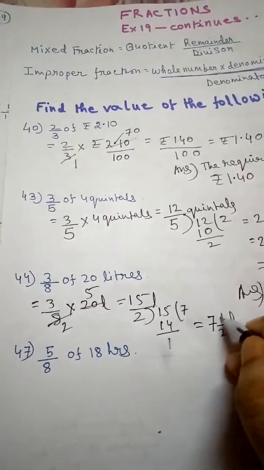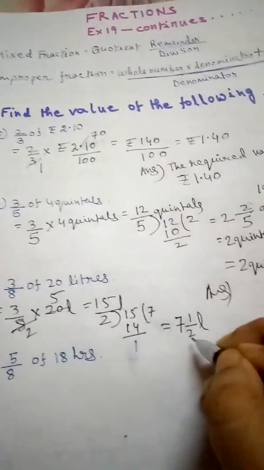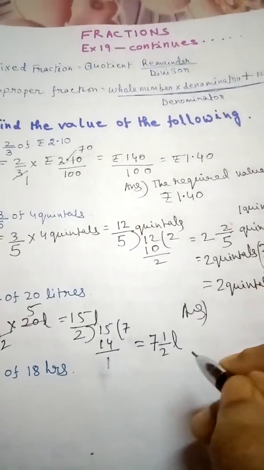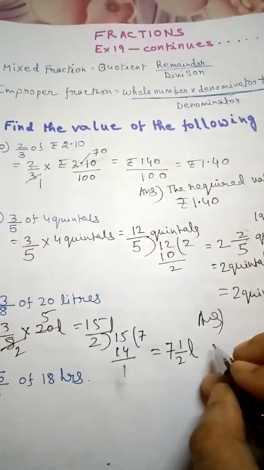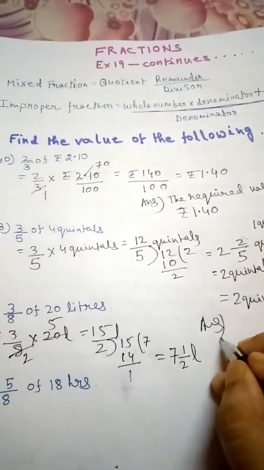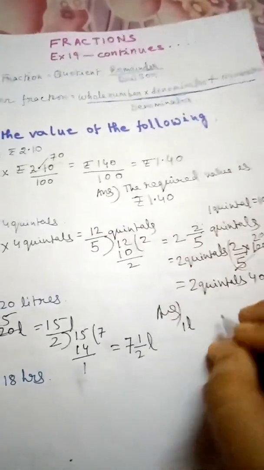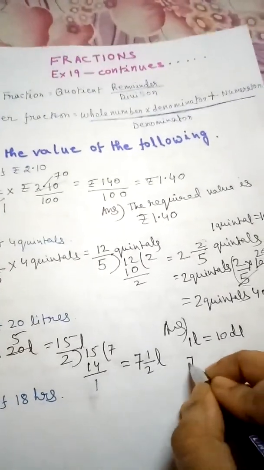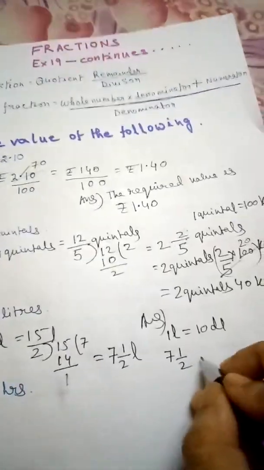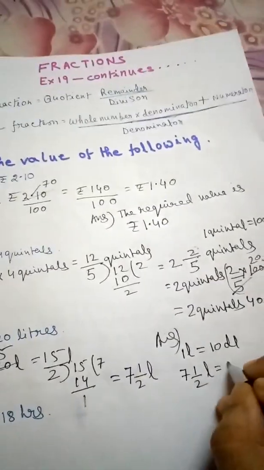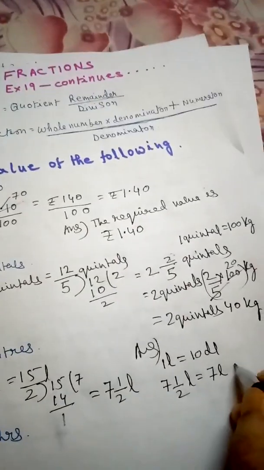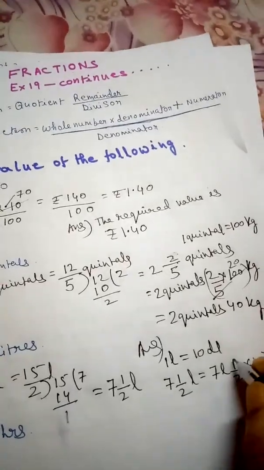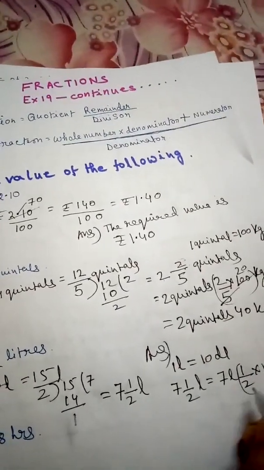Again this fraction 1/2 liter I have to convert into deciliter, the next smaller unit. So we know that 1 liter equal to 10 deciliter. So 7.5 liter equal to 7 liter, 1/2 into 10 deciliter.